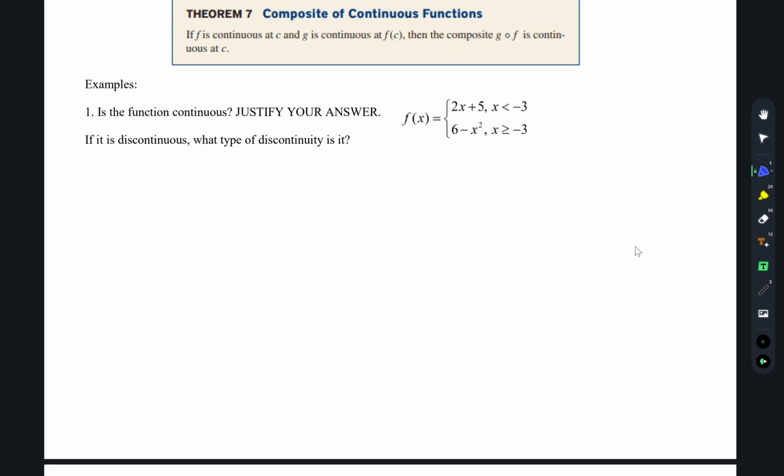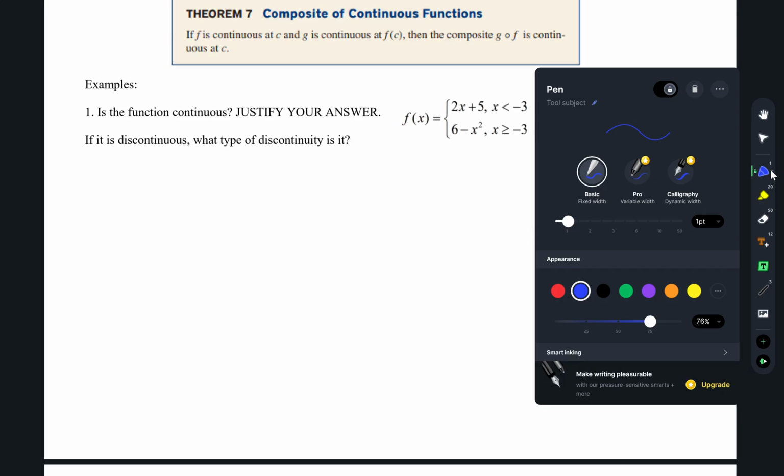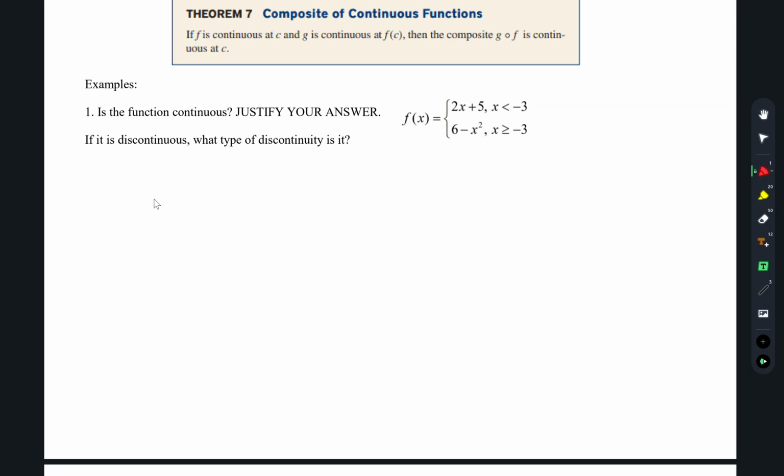All right. So we're just going to practice justifying these. Is the function continuous? Justify your answer. If it's discontinuous, what type of discontinuity is it? For these steps, you have to be super, super good. You can number them. But the first thing you need to do is f of, and then check that nothing's going to be a discontinuity.